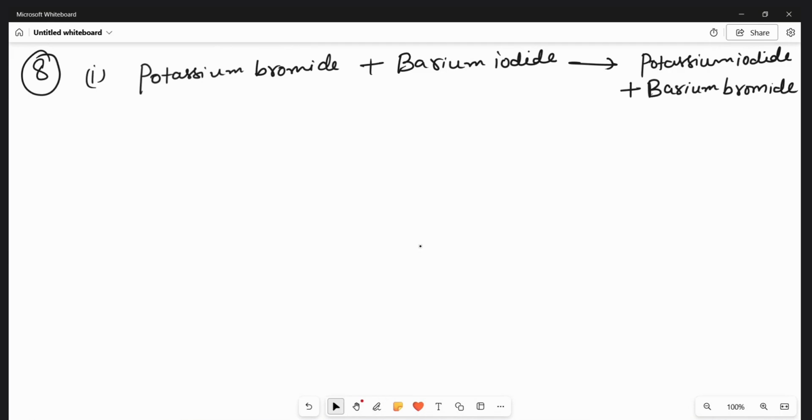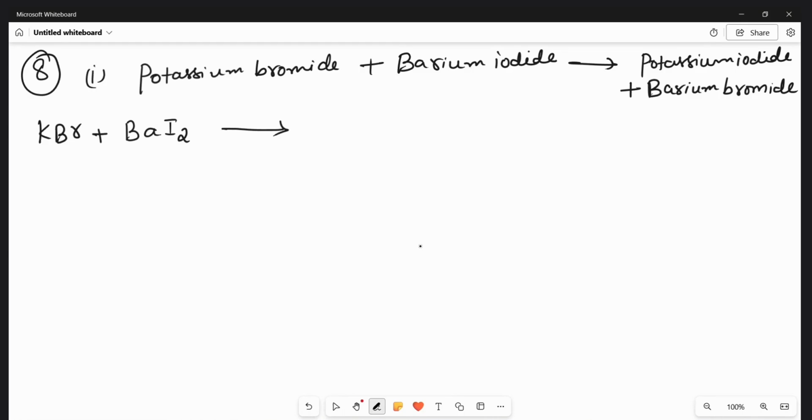Potassium bromide. Potassium means what? K. Bromide, that is bromine. So both the valency is what? 1. So you will get KBr plus barium iodide. Iodine, what is the valency? 1. Barium, 2. So you will get BaI2.